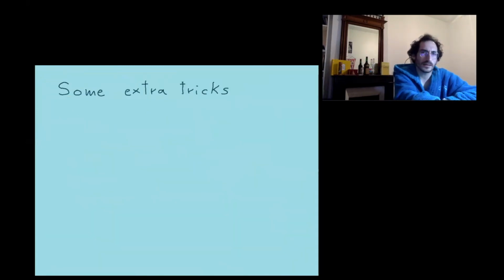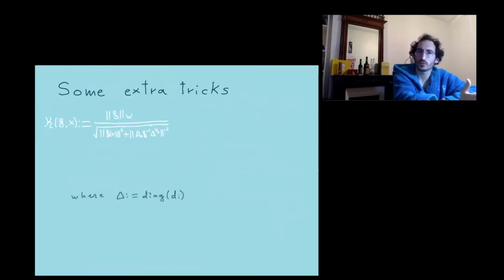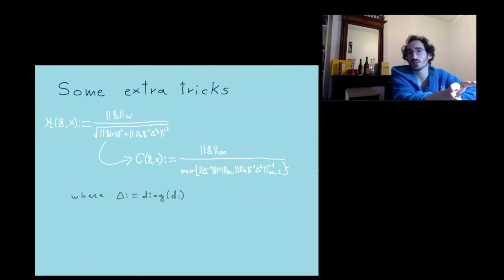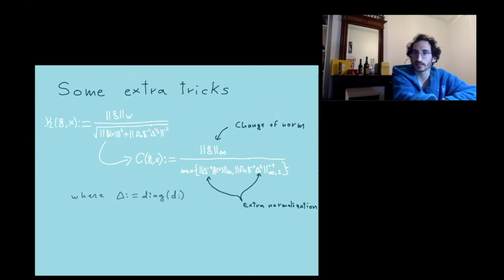So here we add some extra tricks, and then one has to do a lot of things. Instead of using this condition number, we will be using a different condition number. Note that there is a change in the norm and a certain change in the normalization that we are doing. This change in normalization is used to guarantee that this second version of the condition number will have better Lipschitz properties.